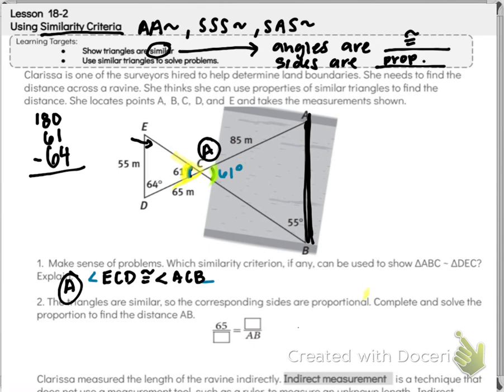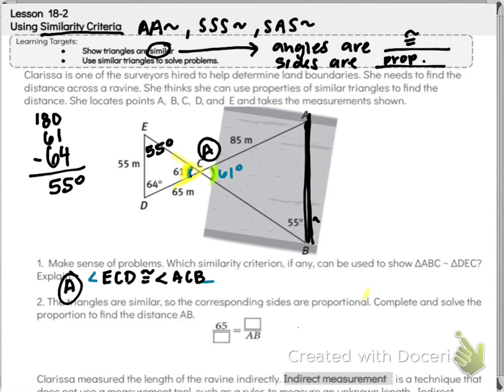So we're going to take 180 minus 61 minus 64, and that gives me an answer of 55 degrees. So I know that this angle E is going to be 55 degrees, and we're going to write that down.